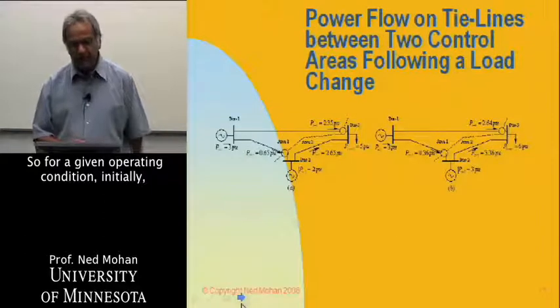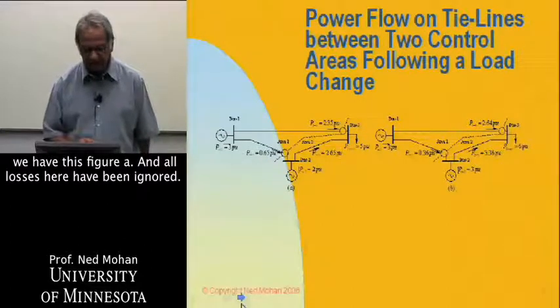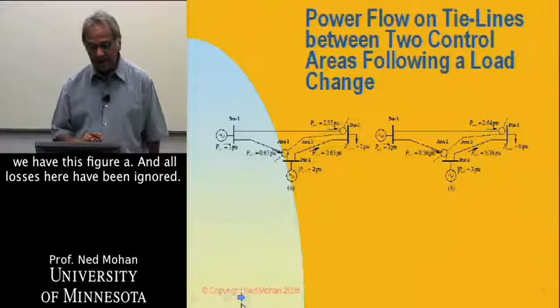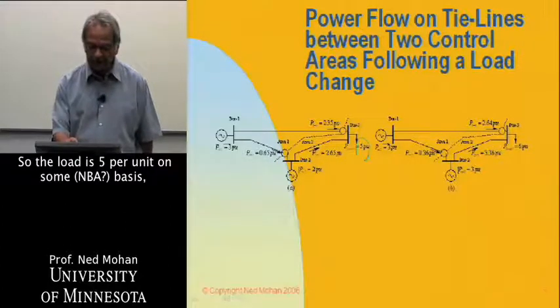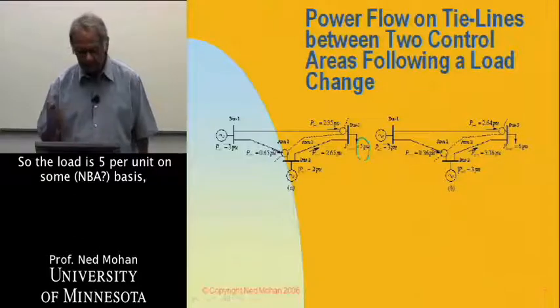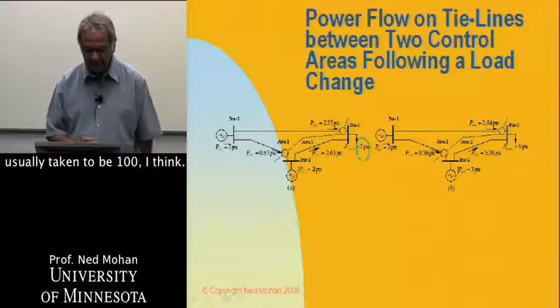For a given operating condition, initially we have this figure A, and all losses have been ignored. The load is 5 per unit, on some MVA basis, usually taken to be 100.